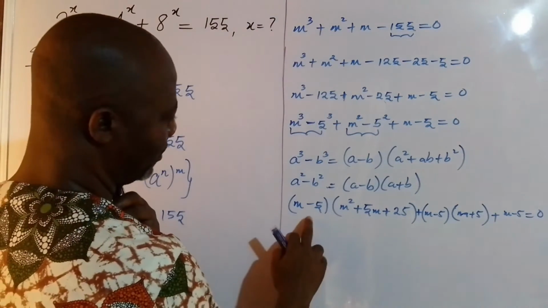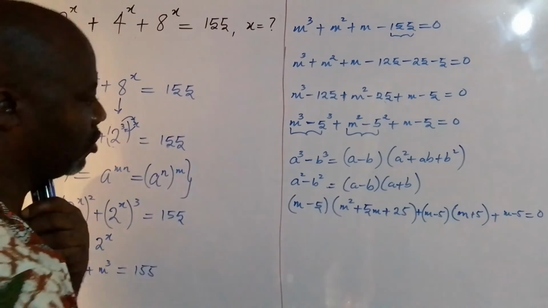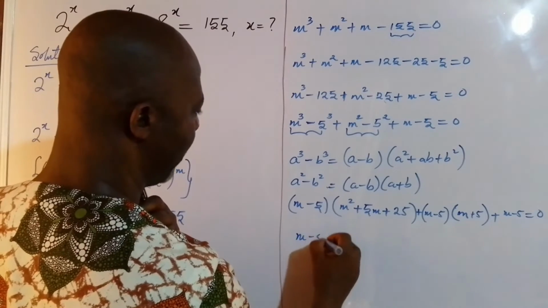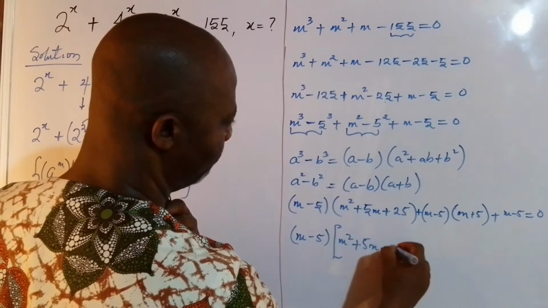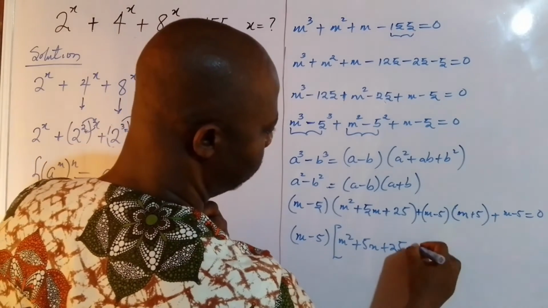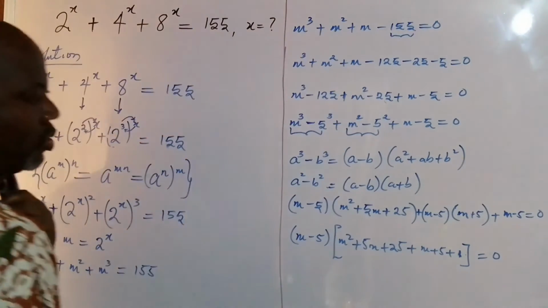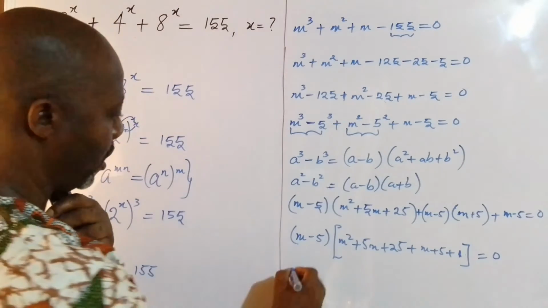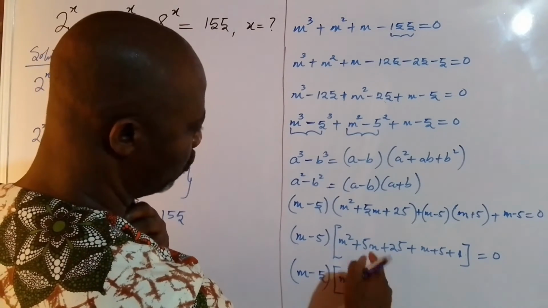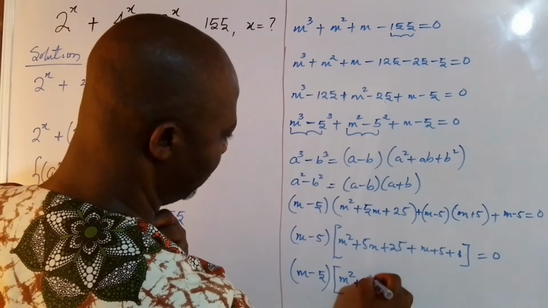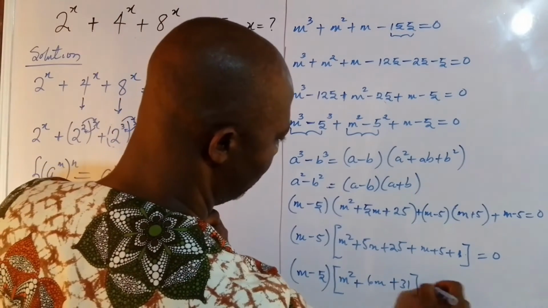You will notice now that m minus 5 can factor out. So let's factor out m minus 5. So we have m minus 5 times m squared plus 5m plus 25 plus m plus 5 plus 1 here. So we have m minus 5 times m squared, 5m plus m that will be 6m, 25 plus 5 is 30 plus 1, that is 31, all equal to 0.